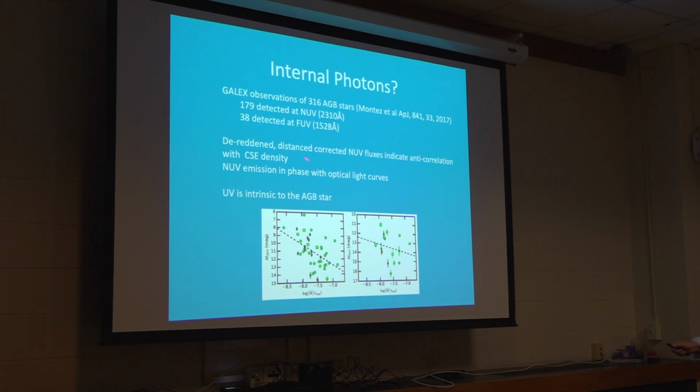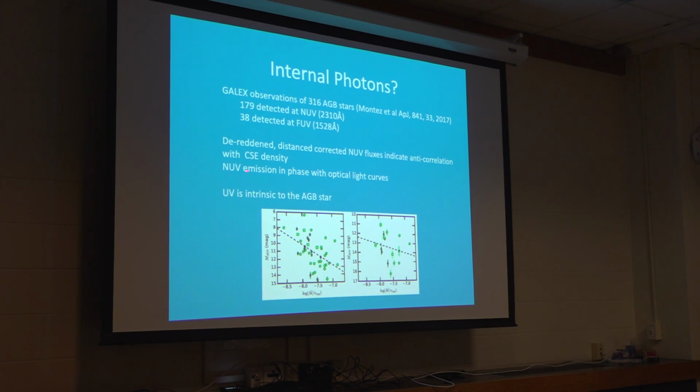If you took out the effect of reddening and corrected for distance, you saw some anti-correlation between the flux in both the near UV and far UV with the parameter mass loss rate over expansion velocity, which is a proxy for density in the shell. So at higher densities, you get less flux measured than at lower densities.